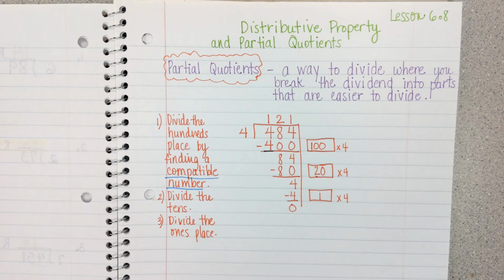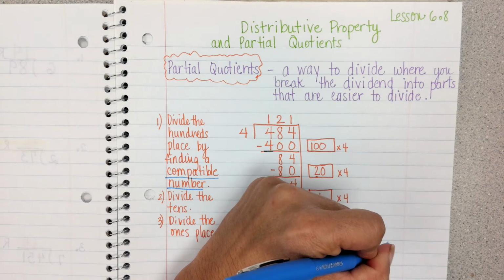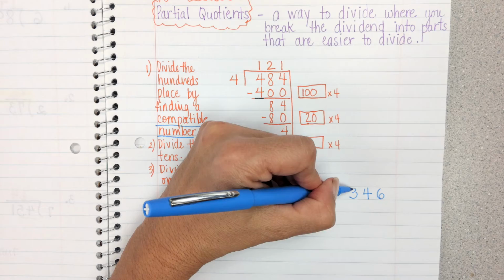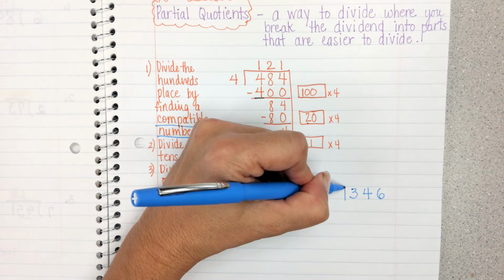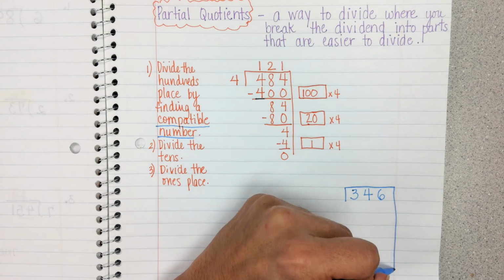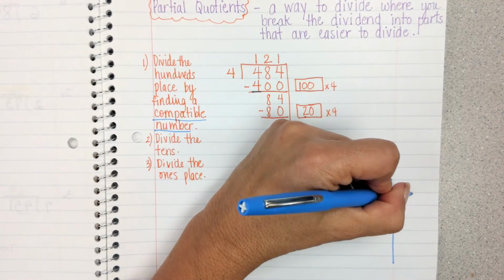Okay, we're going to try another example. We're going to divide 346 by 2. So the way in which you organize the problem is like the way you see in our math book. And now you just make that line really long. And you'll put a box here.